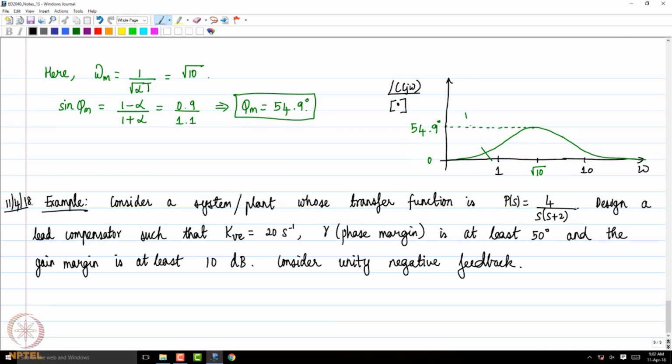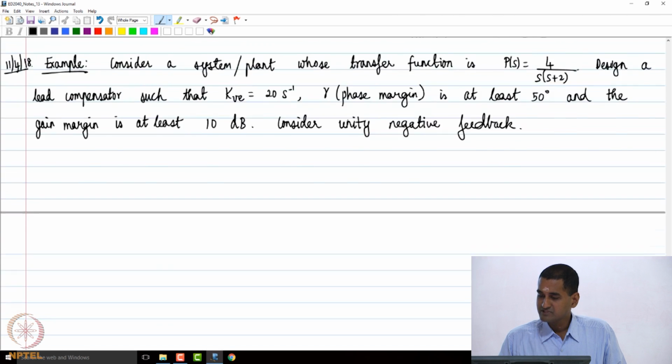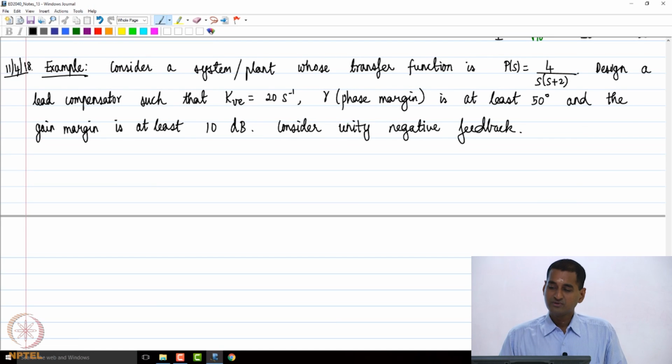As far as the design of this lead compensator is concerned, we have a plant to begin with whose transfer function is 4 divided by S times S plus 2. Do you think the plant is stable, unstable, or marginally stable?